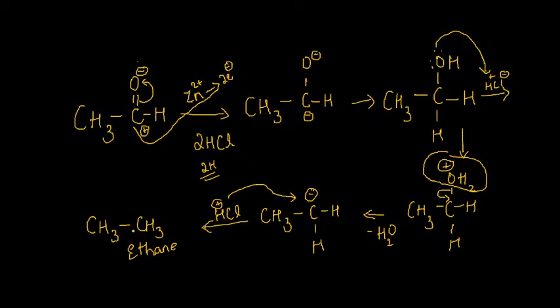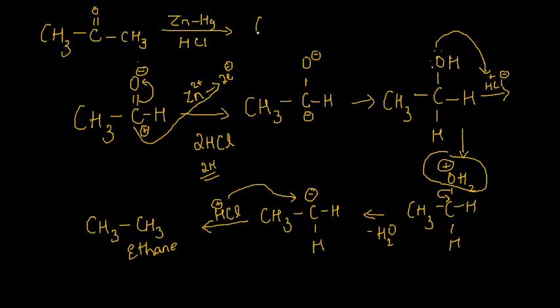So if any example is given, you can predict the product. For example, in the same way, if acetone is given, with the same mechanism, if they give you CH3 C double bond O CH3, and in the exam it is asked what happens when you treat this with zinc amalgam in the presence of concentrated HCl?